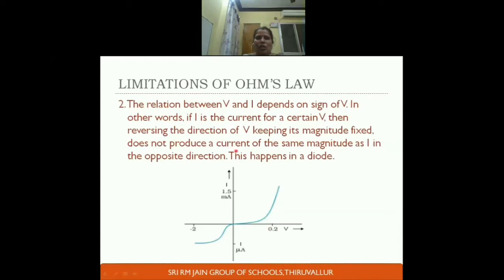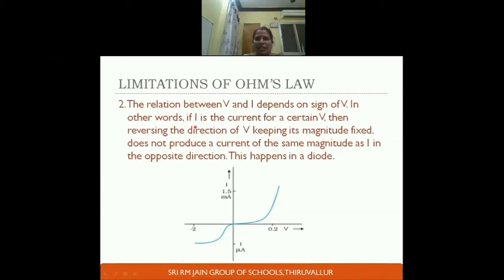Here is a graph in which we explain the relation between V and I, which depends on the sign of V, that is, whether it is a positive or a negative voltage.